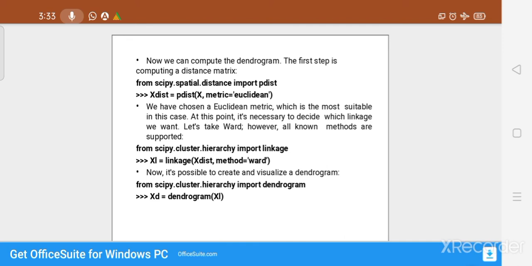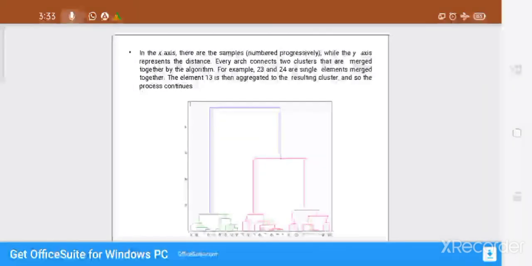Now we directly create the dendrogram, because we have the linkage type, the distance metric, and the samples. Here we have created the dendrogram with 3 clusters. On the x-axis there are the samples, while the y-axis represents the distance. Every connection shows two clusters that are merged together by the algorithm.